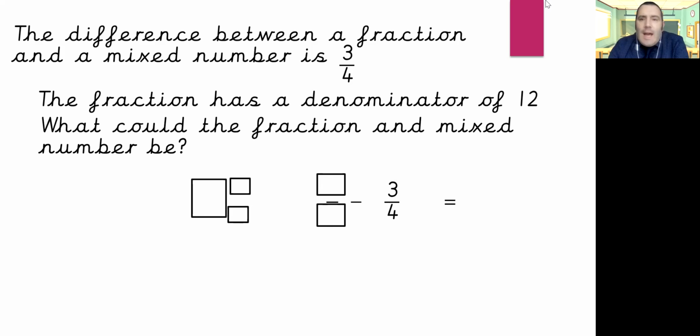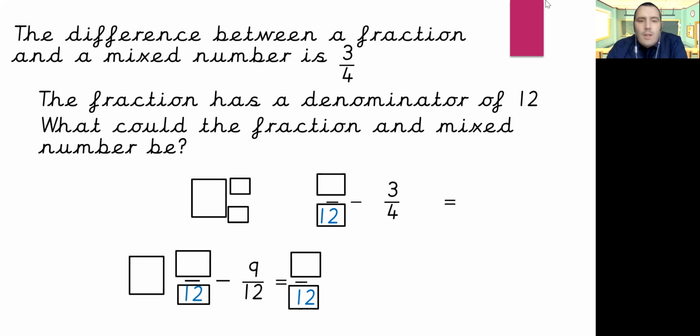So the fraction has a denominator of 12. So there we go. We have a fraction with a denominator of 12. So something and something over 12, take away 9/12, which is equivalent to 3/4. If we're going to go back a step here, we multiply all of this here by 3.